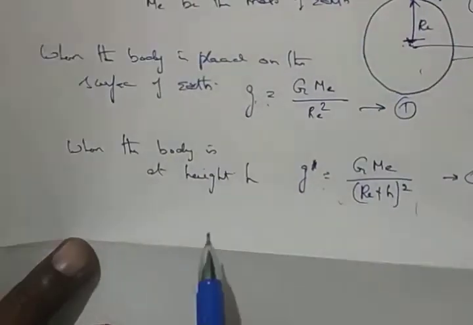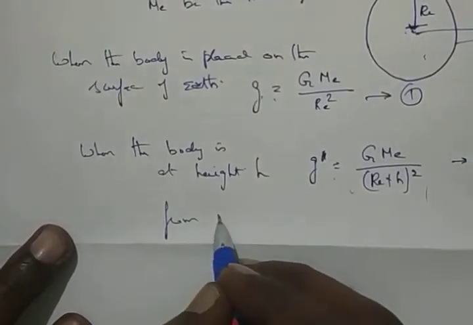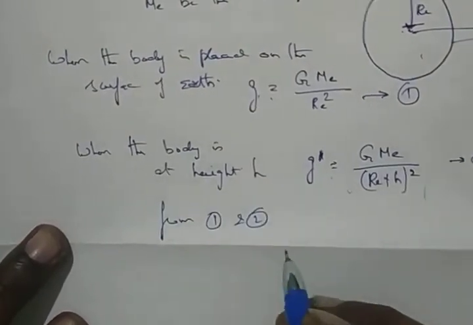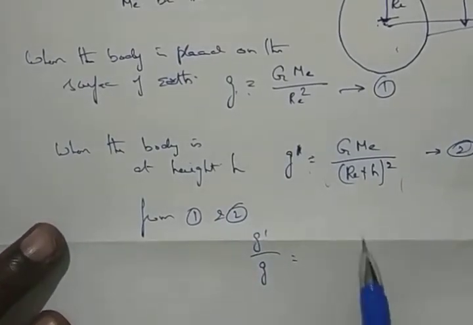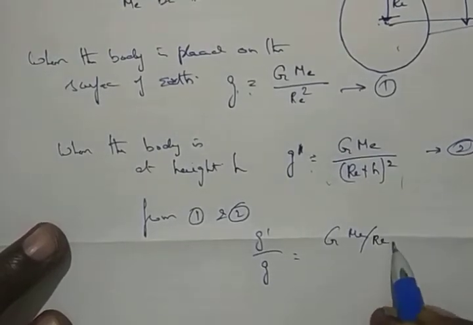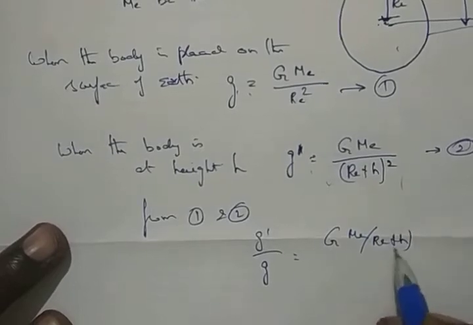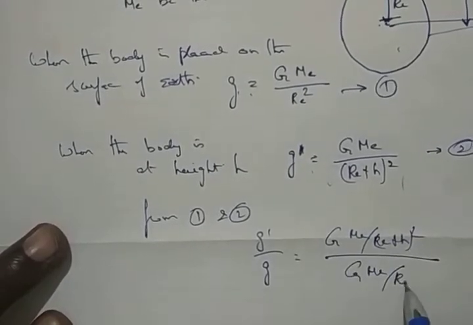So, dividing 1 and 2, G dash upon G is going to be equal to 2 divided by 1. So GME upon RE plus H the whole square upon GME upon RE square.